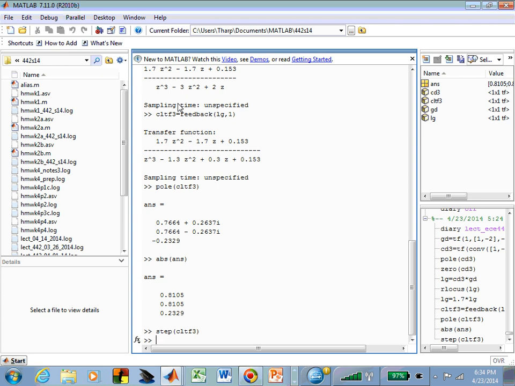It was almost right on top of Z equal 1 at 0.983. If we can move that a little bit more to the left, that would help our percent overshoot. And that might happen with this bigger arc that's coming around to place our poles at 0.76 plus and minus j0.26, if that makes sense.